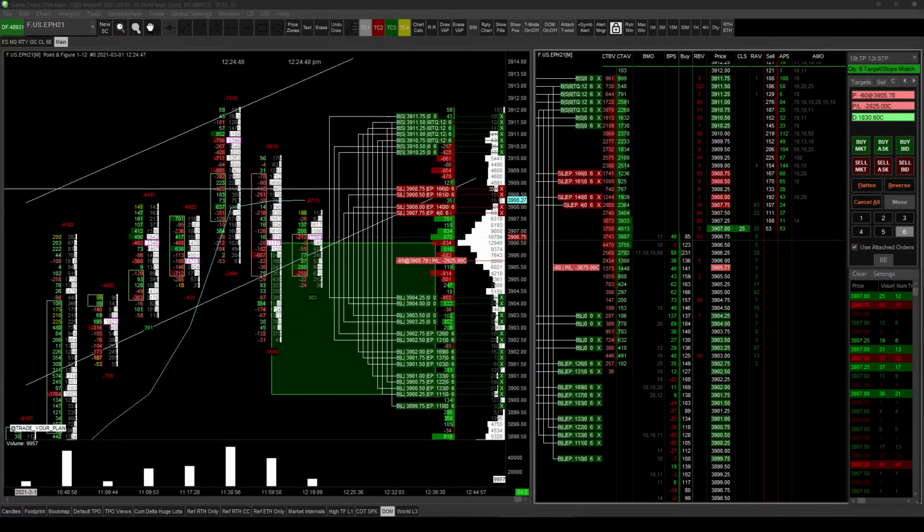Let's see. Exchanges. So look at me pissing into the wind here on a sim. Let's see. Support board. It's all right.